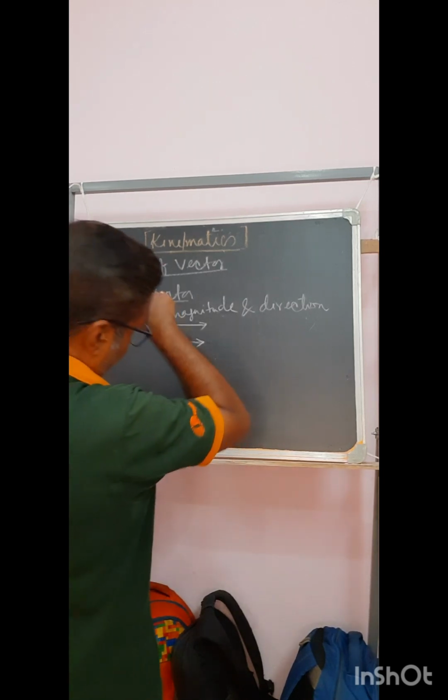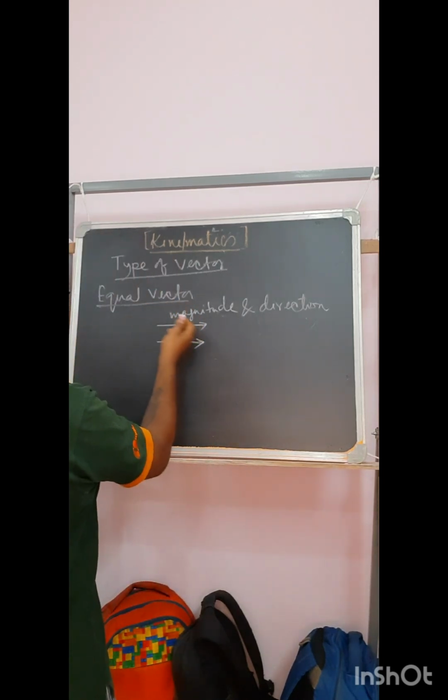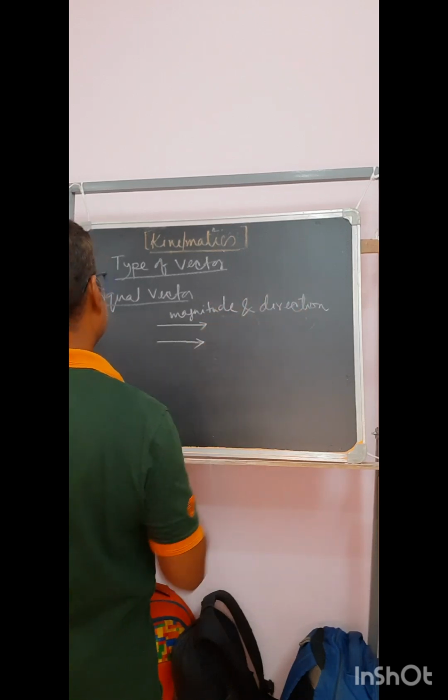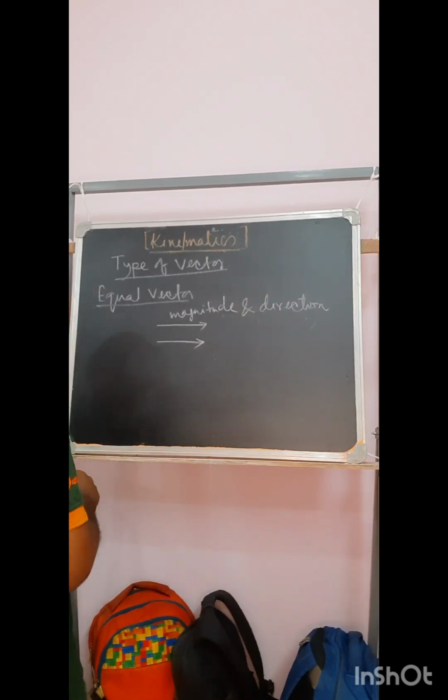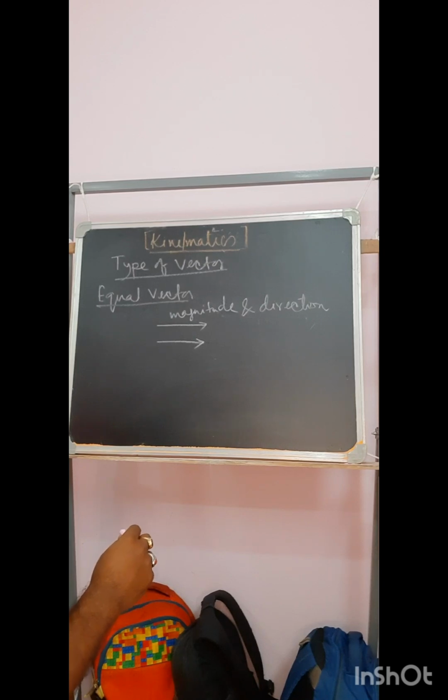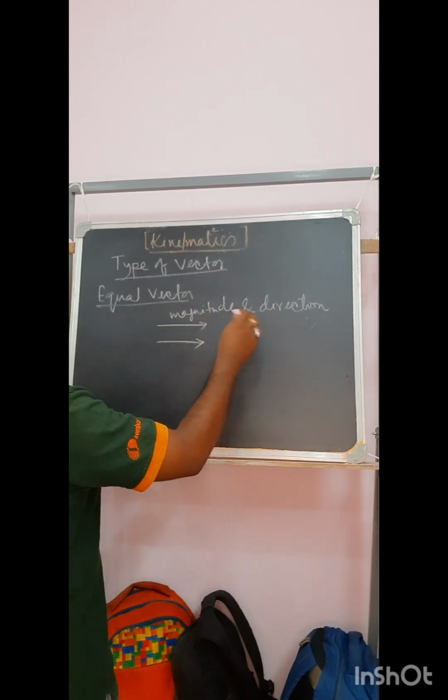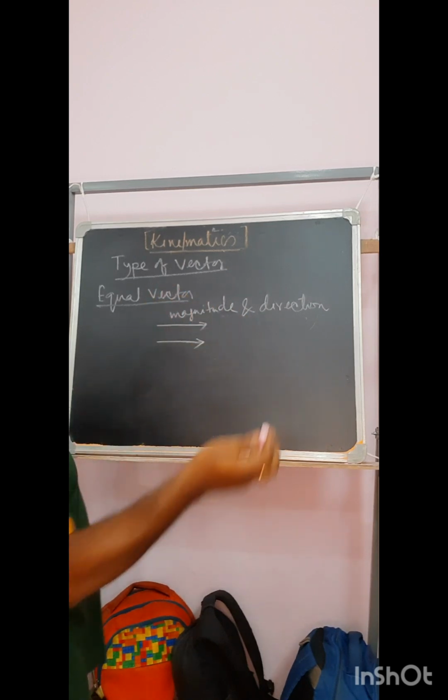But because a vector only consists of magnitude and direction, if magnitude and direction are the same, only then can you say so, because there are no other characteristics.